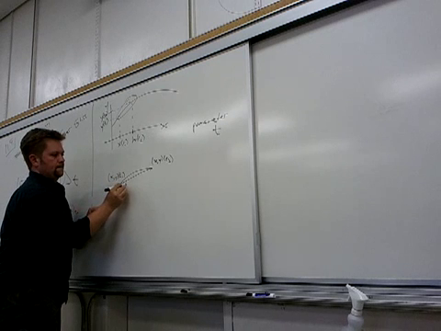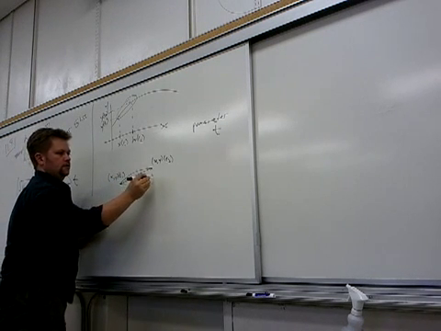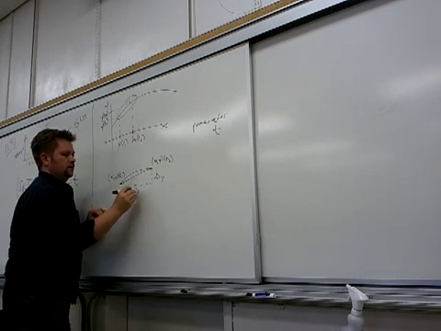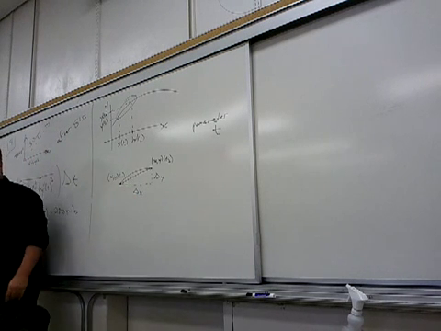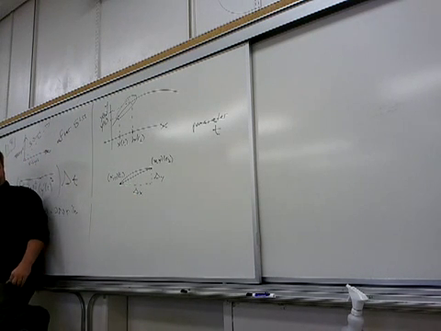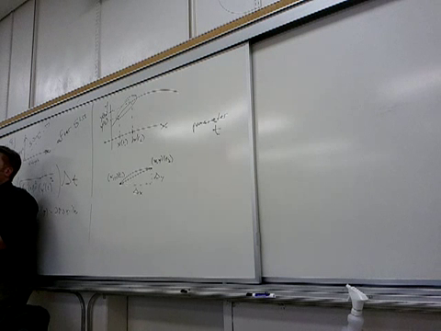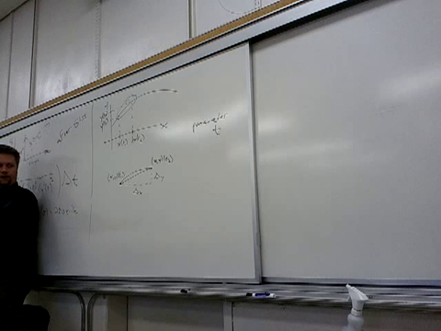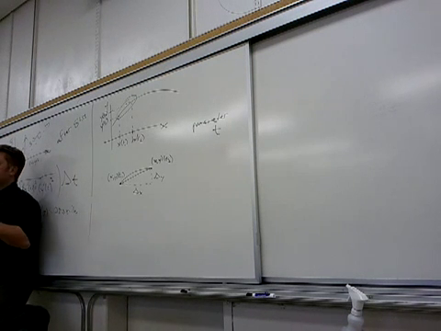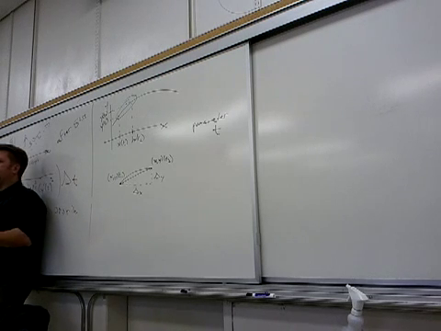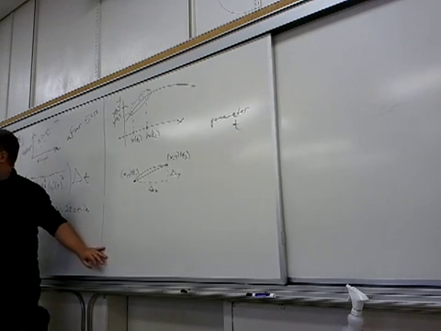So here's my delta y, here's my delta x. And the beautiful idea with this is it's pretty straightforward, and it uses the mean value theorem. Who remembers what the mean value theorem is, what it says?